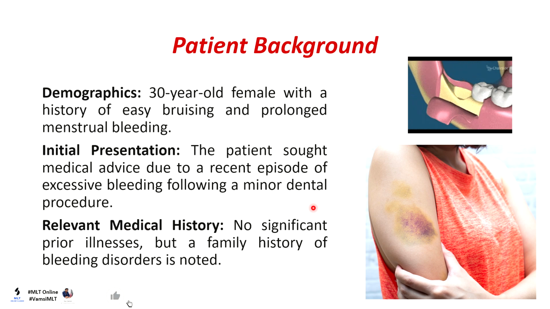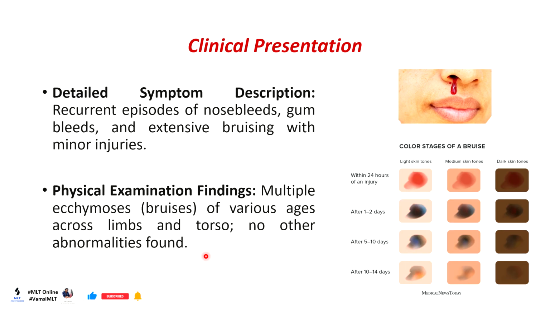There is no significant prior illness, but a family history of bleeding disorders was noted when we went through the relevant medical history. The clinical presentations include detailed symptom descriptions: recurrent episodes of nose bleeding, gum bleeding, and extensive bruising.